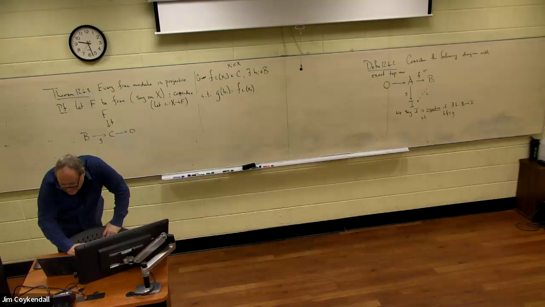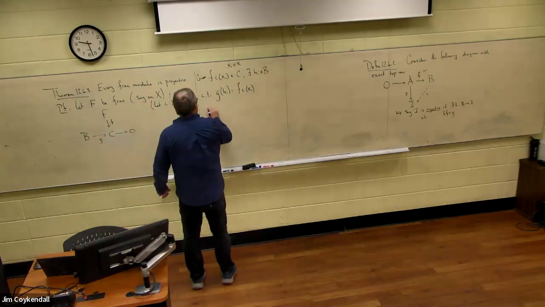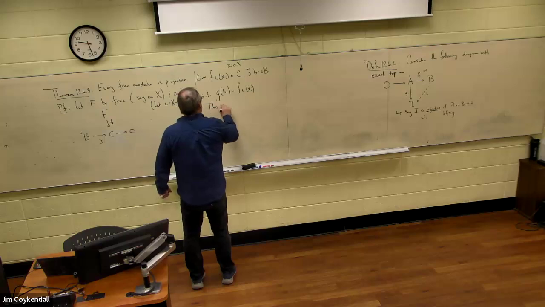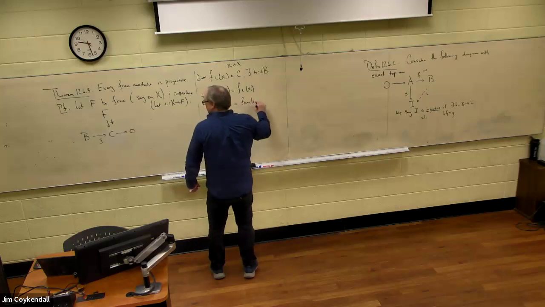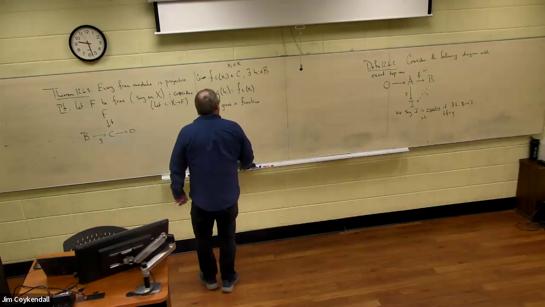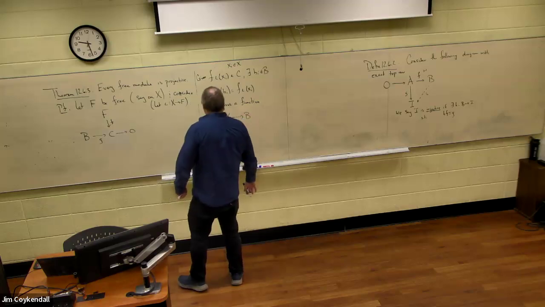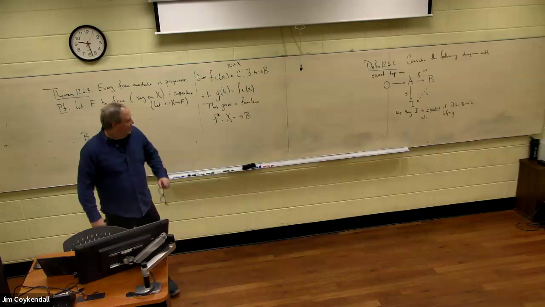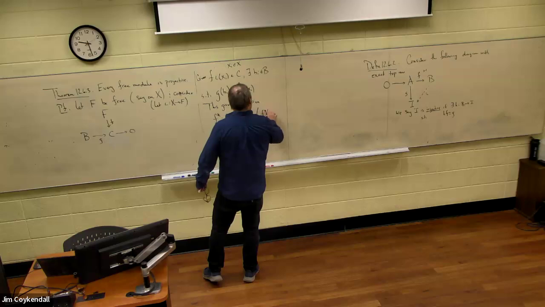So this gives us a function, f star, and I do mean function here, from X to B. And this function f star of xi is bi.